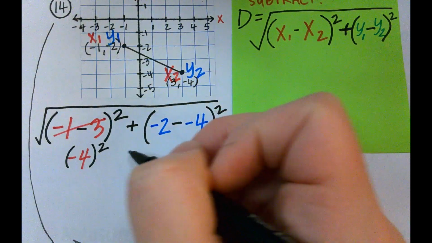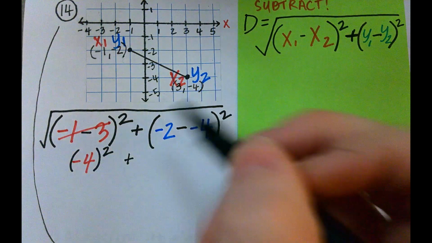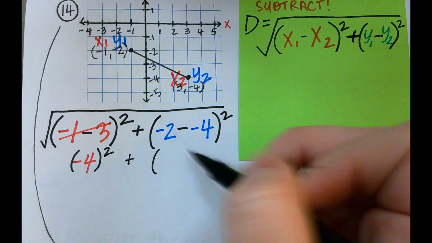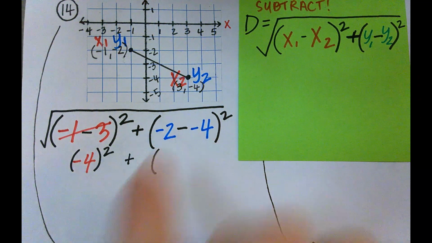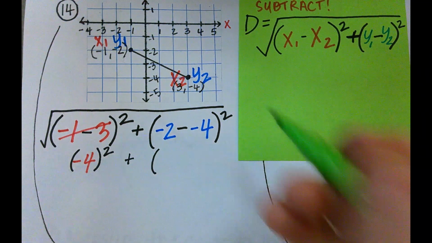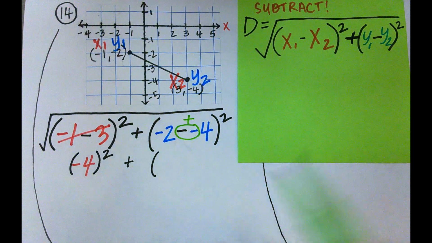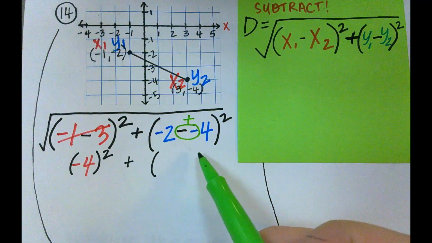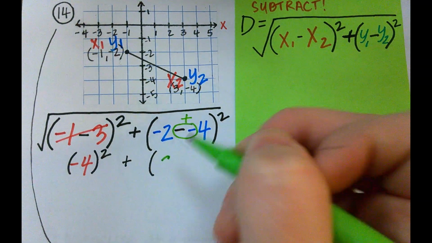I'm going to leave it as -4 squared for now and get my y's. Now I need -2 minus -4. What happens with that minus negative? It's really -2 plus 4, which gives us 2, right, Diane? That's right. -2 plus 4 is positive 2.